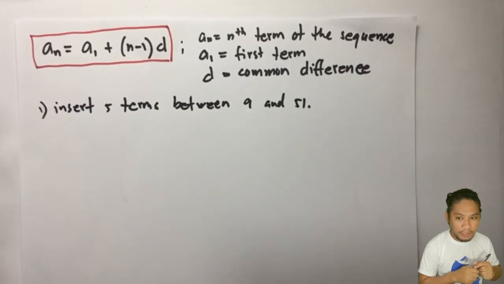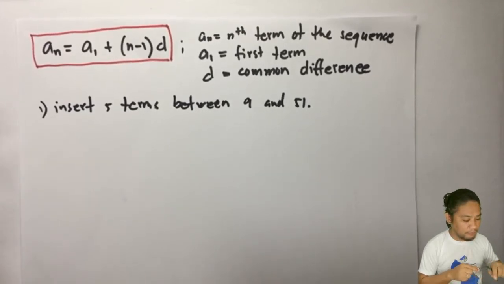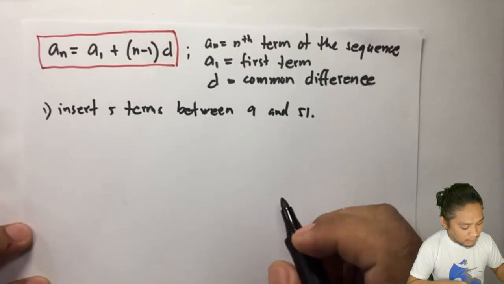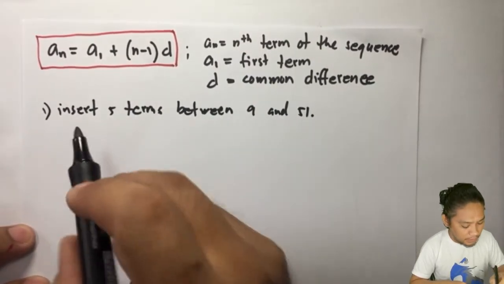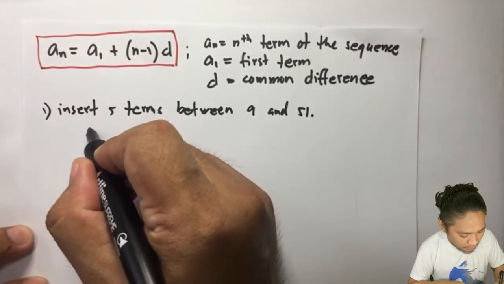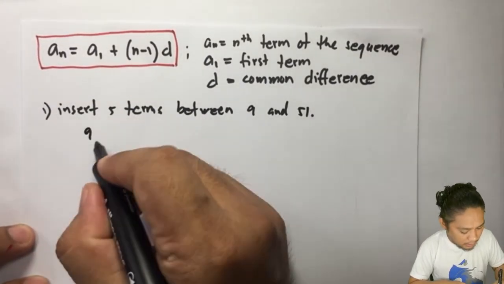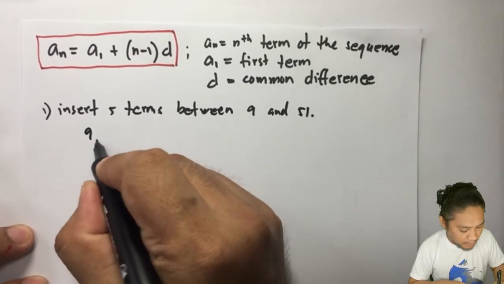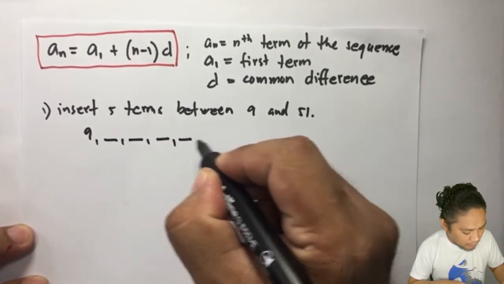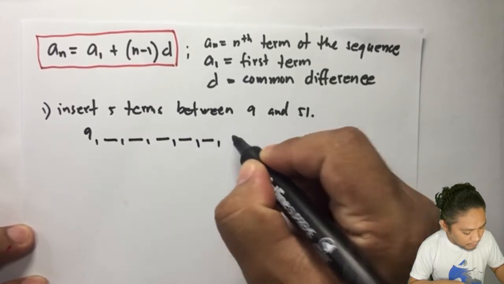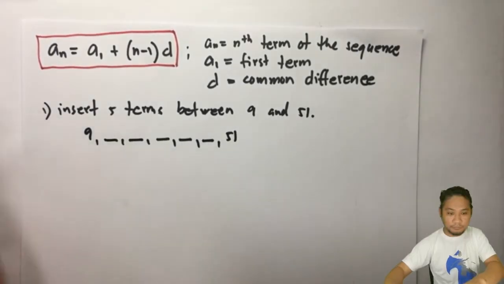So for number 1, insert 5 terms between 9 and 51. That means 9 is the first term, and then there will be 5 terms to be inserted between 9 and 51.